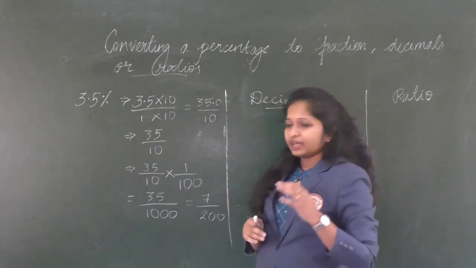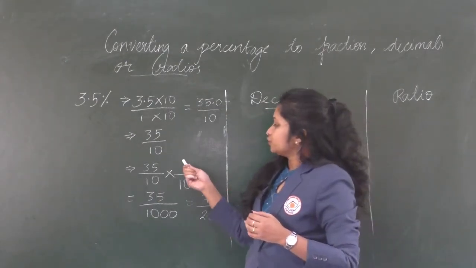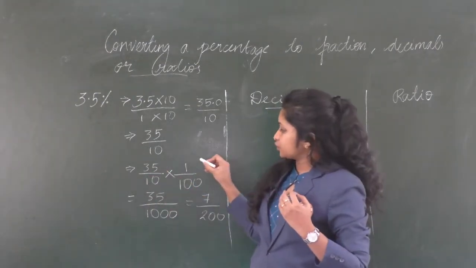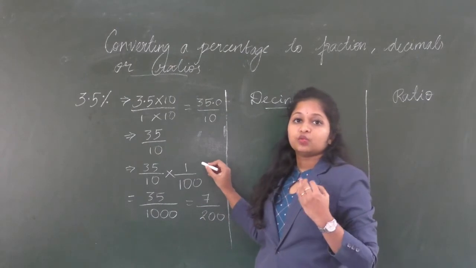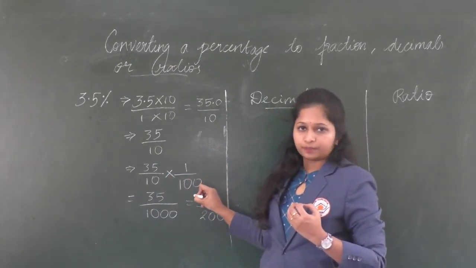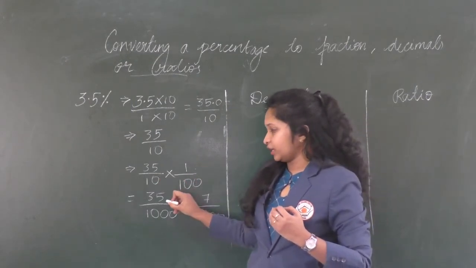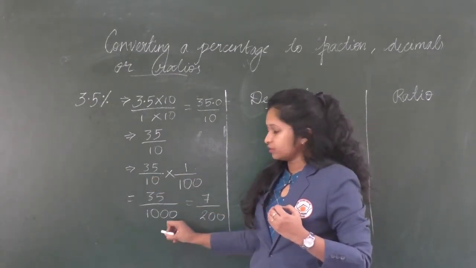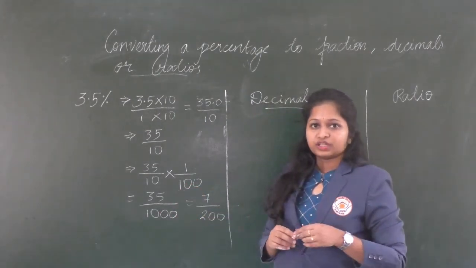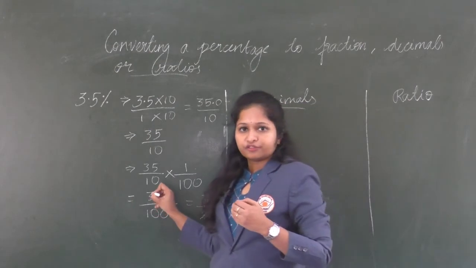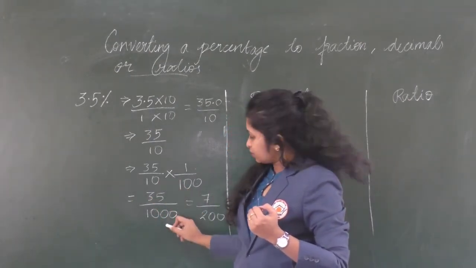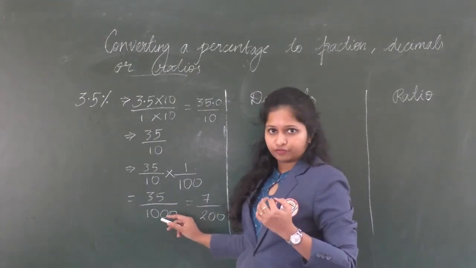And after this, whatever we get, we should multiply that with 1 by 100. So 35 by 10 into 1 by 100. So 35 into 1 is 35 and 10 into 100 is 1000. So we get 35 by 1000. Now let's reduce this fraction. So we have these two numbers which are divisible by 5, isn't it?